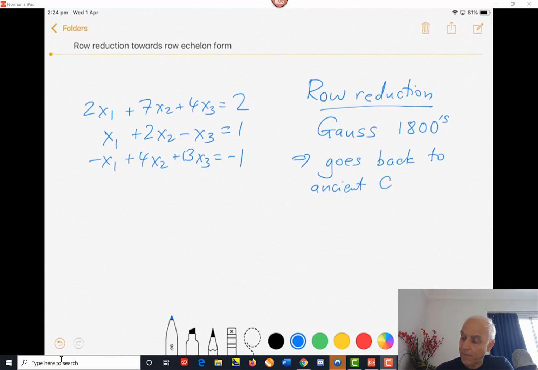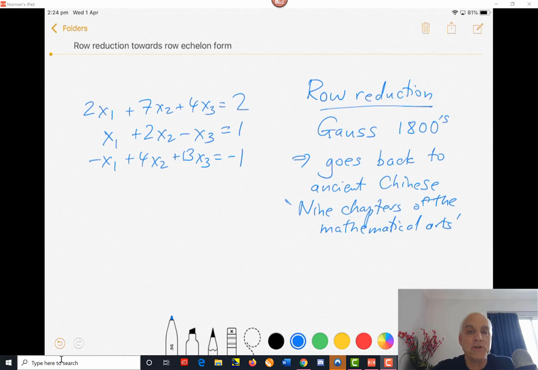There was a famous Chinese text written or compiled somewhere between 200 BC and 200 AD called Nine Chapters of the Mathematical Arts. And in that work, the technique of row reduction was laid out for the first time.